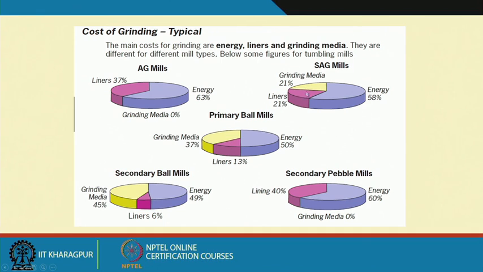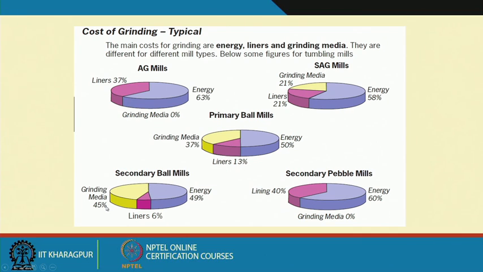So, in a SAG mill, your liner and grinding media cost is more than in the AG mill, because here you are using balls which are much harder, and they are very costly materials also. In primary ball mills, the grinding media share of the total cost of grinding is 37%, liner is 13%, and energy cost is 50%.